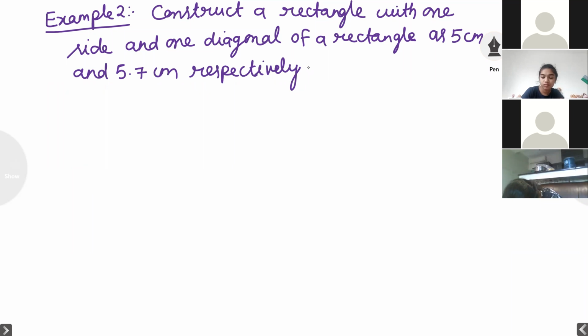In the previous question, I gave the length and breadth, but in this question, one side and the diagonal are given. Then how to do the construction? Very easy concept.